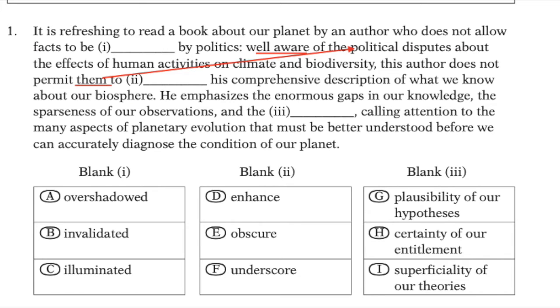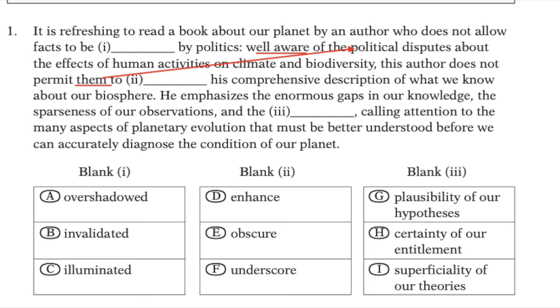What are them here? Political disputes. Them to dash his comprehensive description of what we know about our biosphere. So if you can take a look at blank 2, you somehow get an idea that the word here is trying to hide. The word here may be a verb that is hide or conceal, right? We don't know about the first one yet.